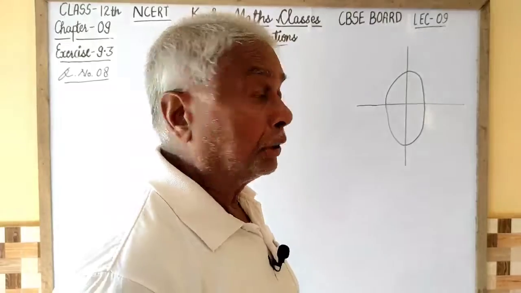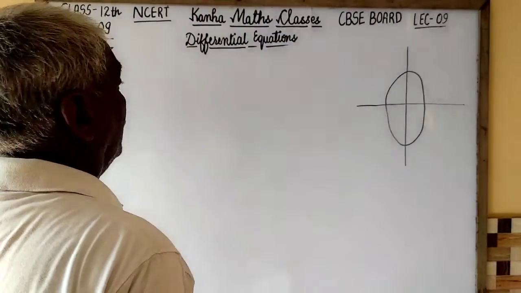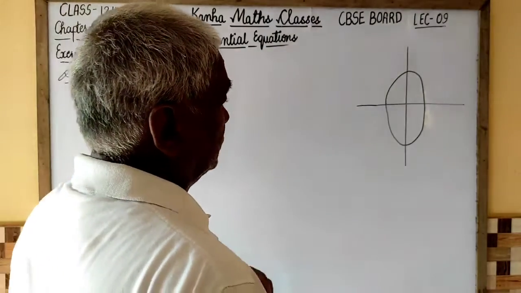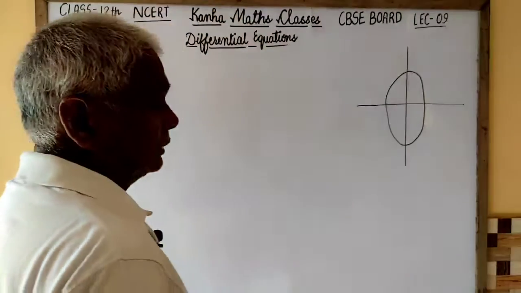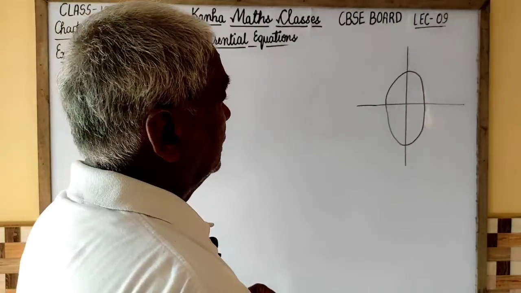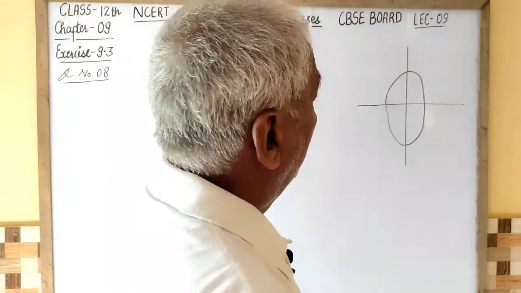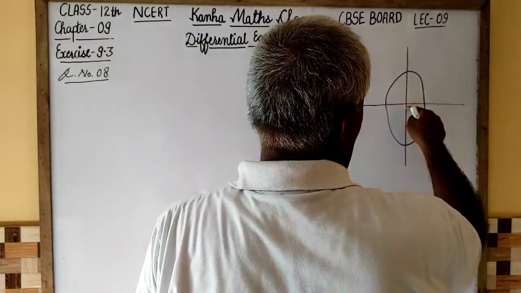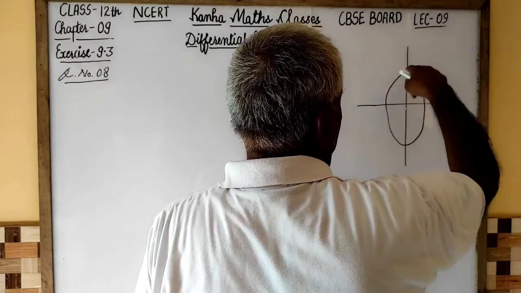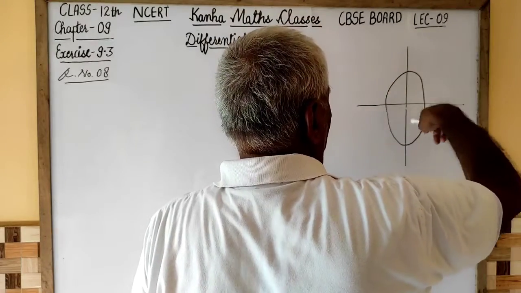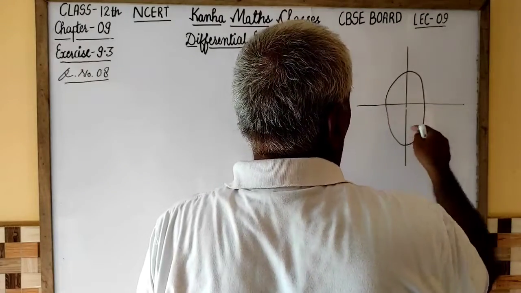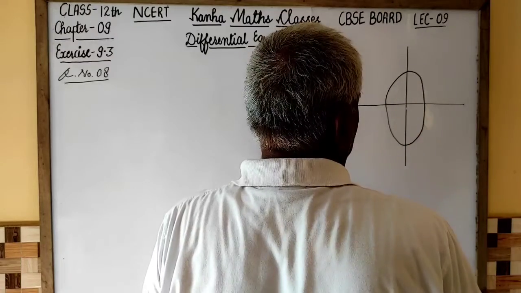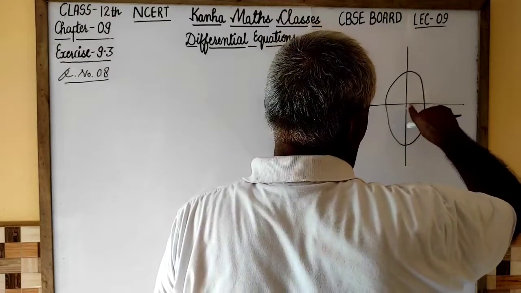Now in the continuation of previous question we will find out the differential equation of such a conic, that is an ellipse, whose foci are situated along the y-axis and center at origin. According to the figure, the ellipse will be like this, because foci lie on the y-axis and center on the origin.